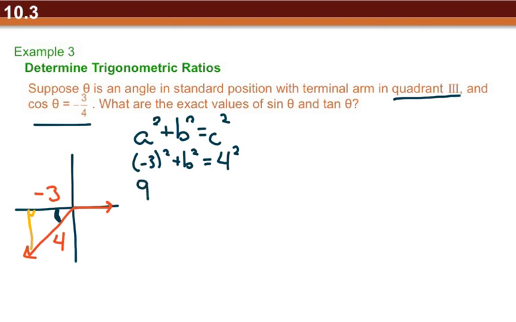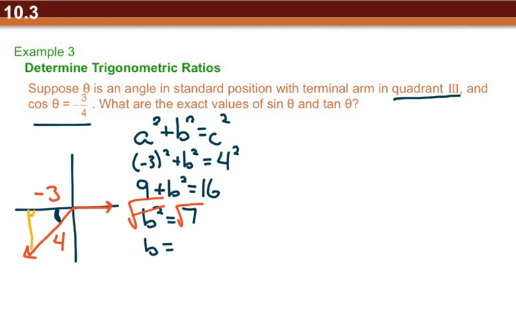Negative 3 squared is 9, 4 squared is 16. If we subtract 9 from both sides, we get b squared equals 7. Square root both sides, and b equals the square root of 7.